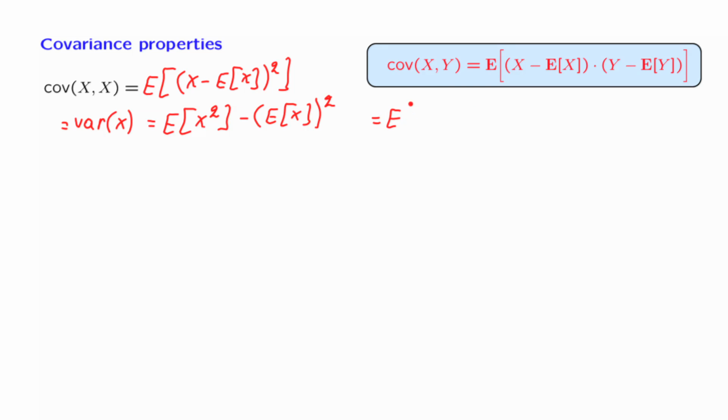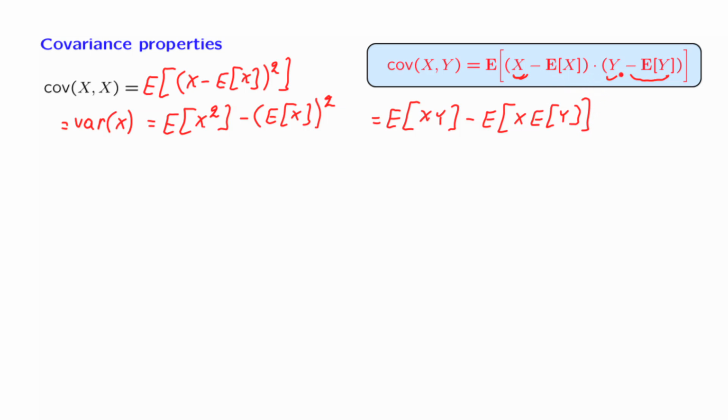We have the expected value of the product of this term with that term, gives us the expected value of x times y. Then we take the expected value of the product of this term with that term, and because we have a minus sign, we put it out here, and we have the expected value of x times the expected value of y inside the expectation.